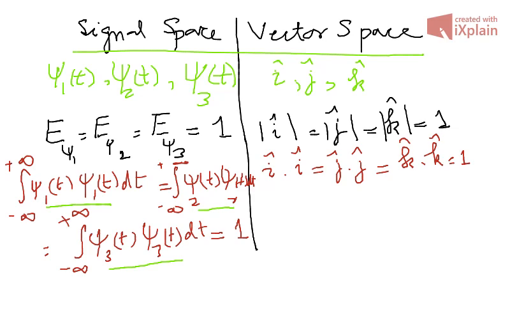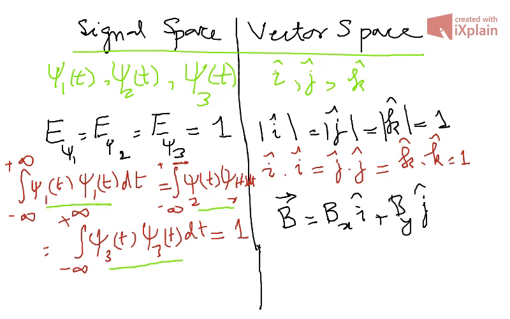Now another property. Before that, let me clarify that any vector b in three-dimensional space, as we mentioned, can be written as a linear combination of these unit vectors: bx i, by j, and bz k. Right? It can be written as a linear combination of these unit vectors in three-dimensional vector space.